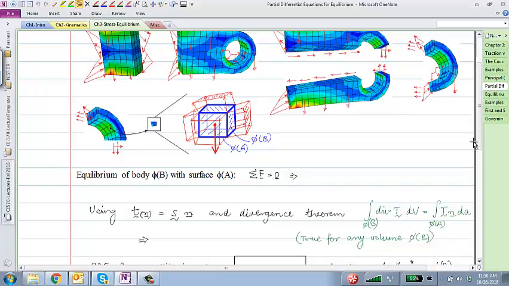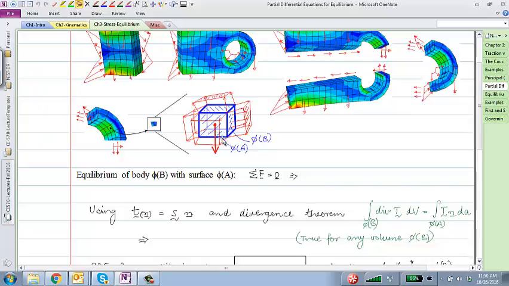So for example, we'll again go to some point, and consider a finite neighborhood of that point. I'm not saying necessarily that this is an infinitesimally small neighborhood. It could be a finite size neighborhood. And if I draw the tractions on that neighborhood, those tractions will not be constant over that surface. Those tractions would be varying from point to point.